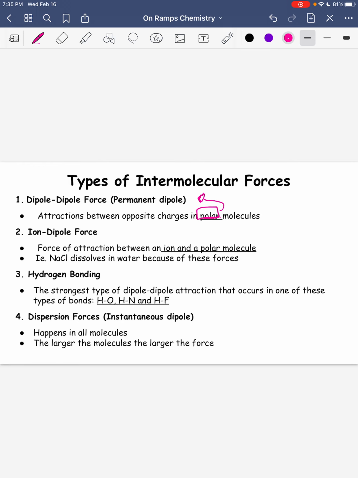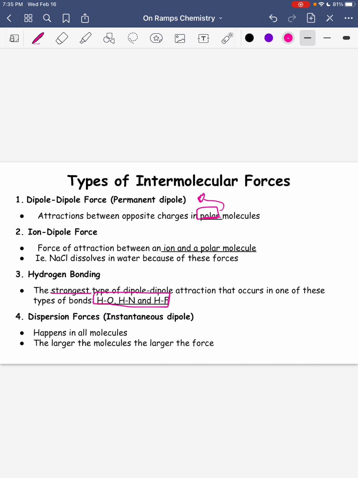We have hydrogen bonding. This is going to be the strongest type of dipole attraction that occurs. And it's only when you have HO, HN, and HF. So you have to have N, O, or F bonded to hydrogen for it to be hydrogen bonding.